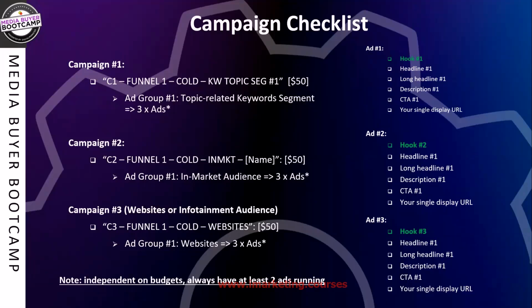Remember that YouTube has this problem: unlike Facebook, where you can set your budgets at the ad group or ad set level, as they call it in Facebook language, in Google you don't have that opportunity. You put the budget you want to spend at your campaign level. So you're setting up 3 campaigns, each one with different targeting: keywords, in-market, websites, and so on. That was in the previous session that we talked about 2 sessions ago.